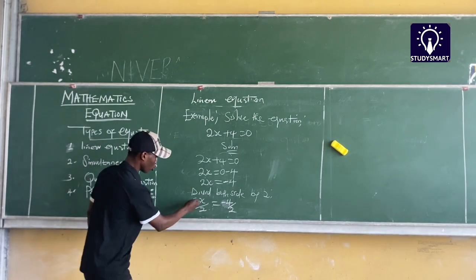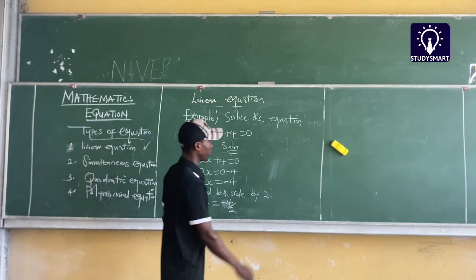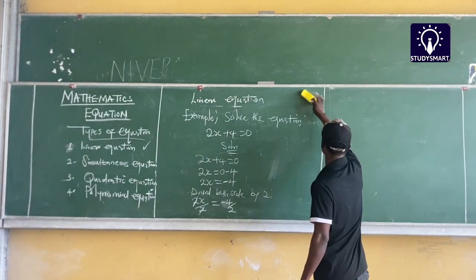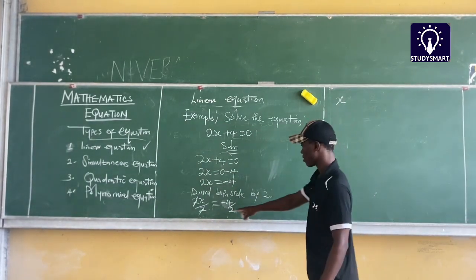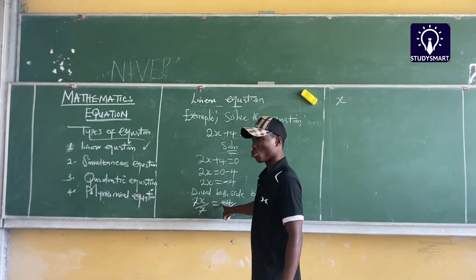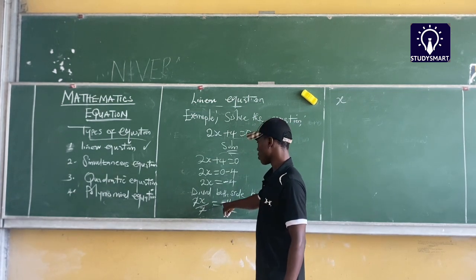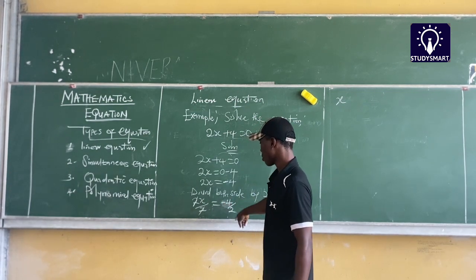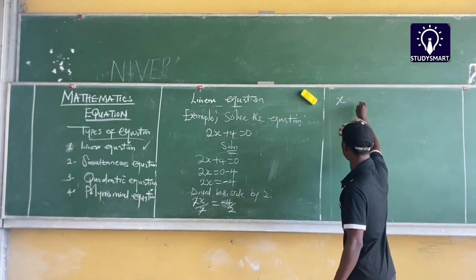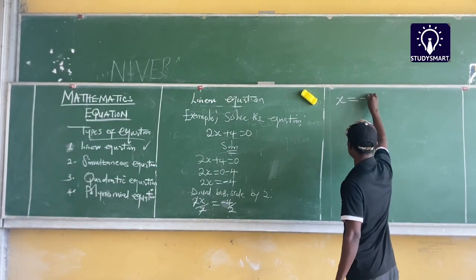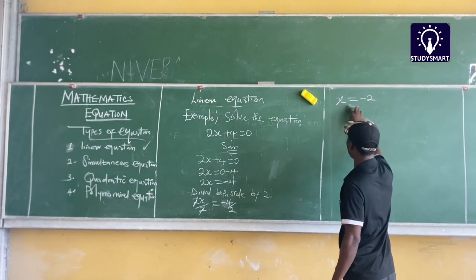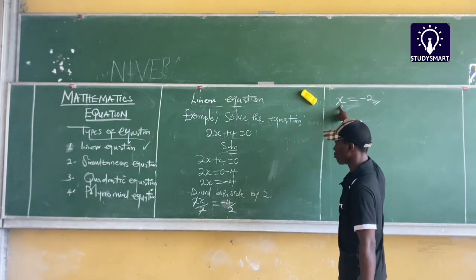So the 2 here will cancel out. I'll be left here with x. And this is minus 4. So minus 4 divided by 2 is going to give us minus 2, which is the answer.